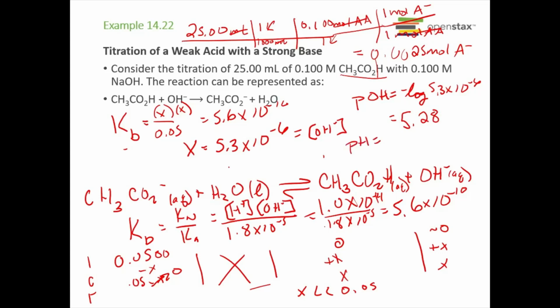So then our pH equals 14 minus 5.28. So the pH then is equal to 8.72. So even though we neutralized the acetic acid, we still have that acetate ion that is still there reacting a bit.